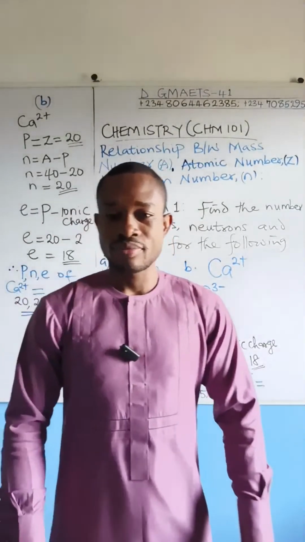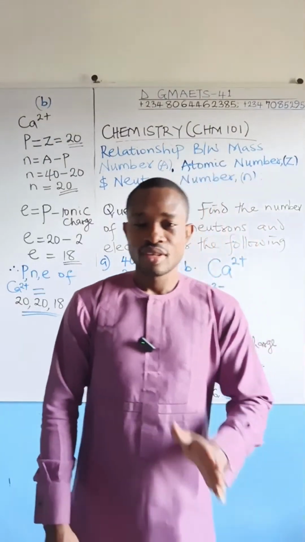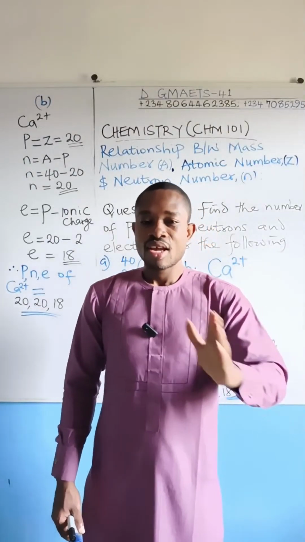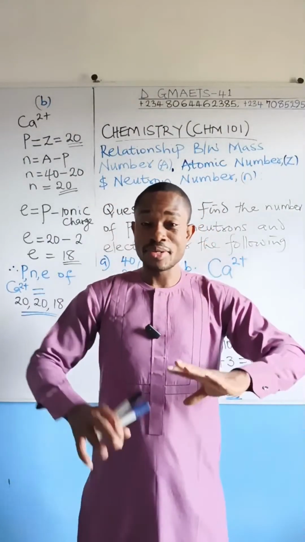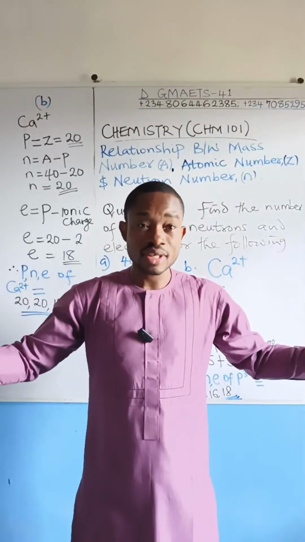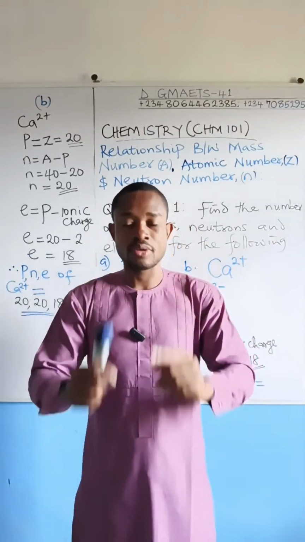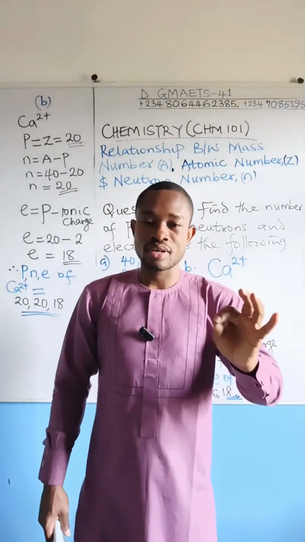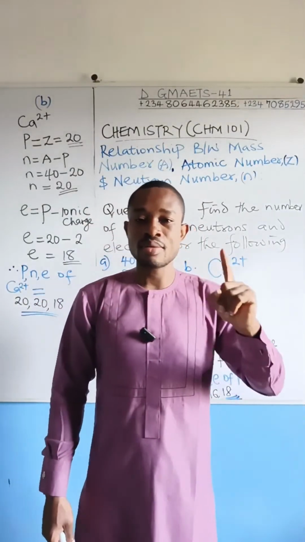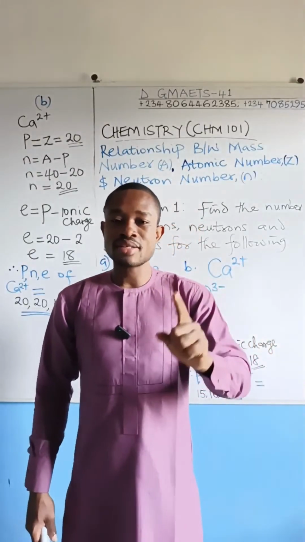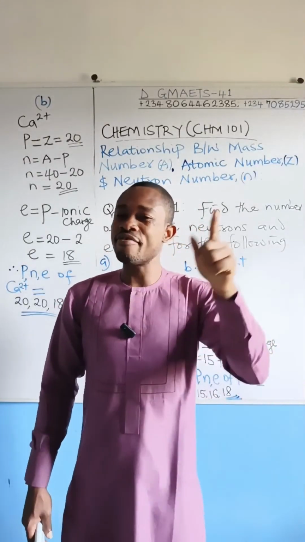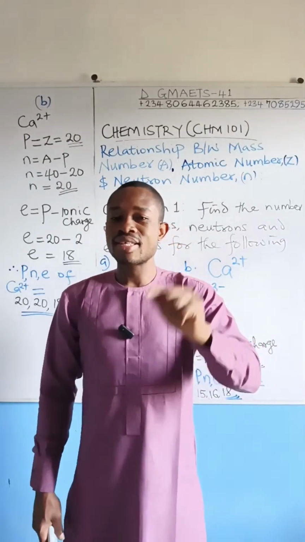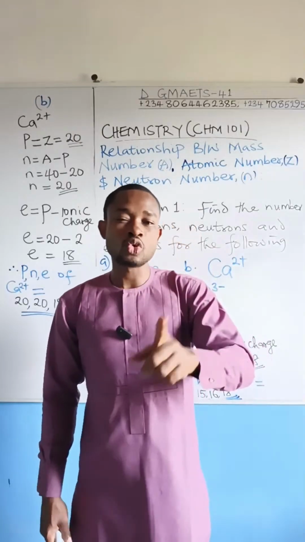Now, this is a question. An atom X. So you see, I've called the atom X. It could be any atom. So you listen and follow. An atom X has a mass number of 27.